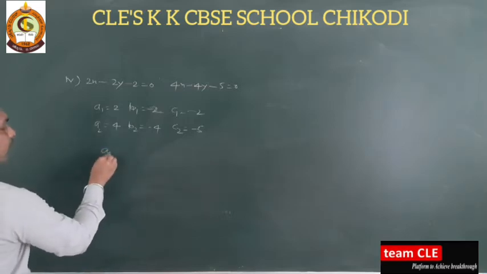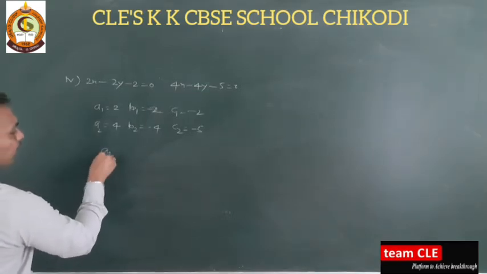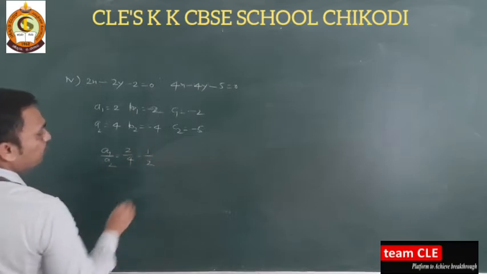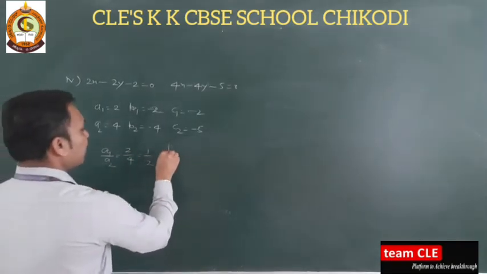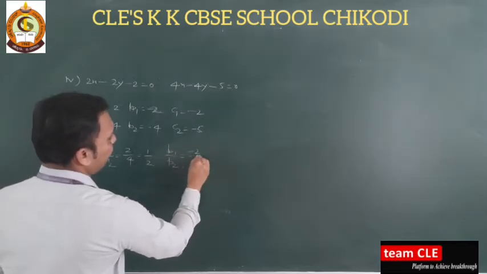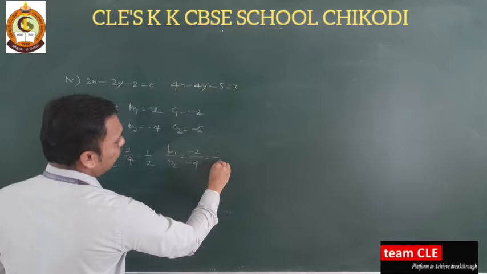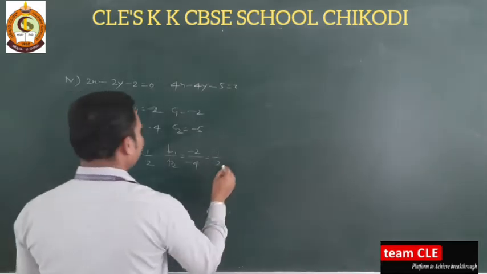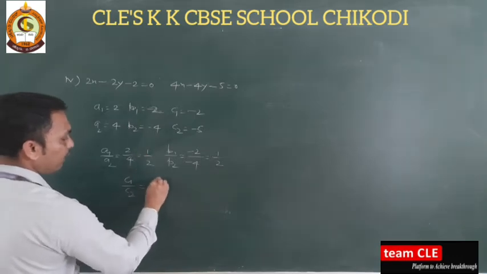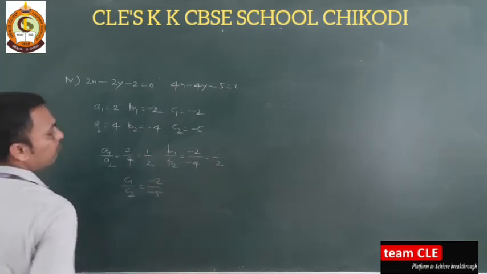Next, a1 by a2 is 2 by 4, that means 1 by 2. Next, b1 by b2 we have minus 2 by minus 4, again 1 by 2. Next we have c1 by c2, so this is minus 2 by minus 5.